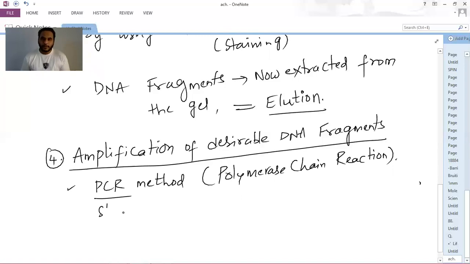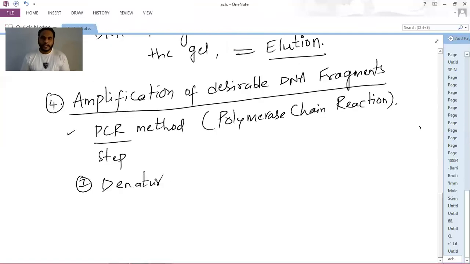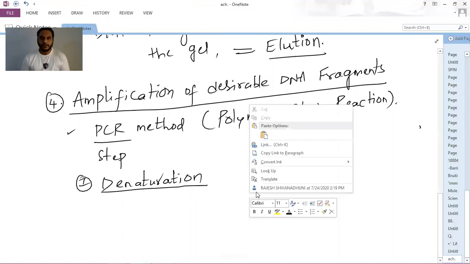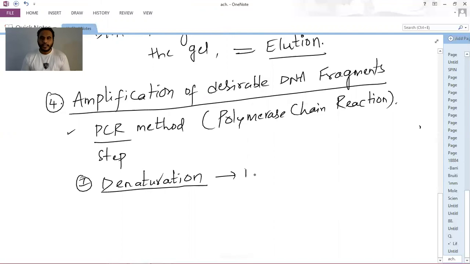So step number 1, denaturation. The first step of PCR method is denaturation. What is meant by denaturation? Denaturation is nothing but the double-stranded DNA is made into single-stranded by heating at 94 degrees Celsius. So DNA fragments will become single-stranded.